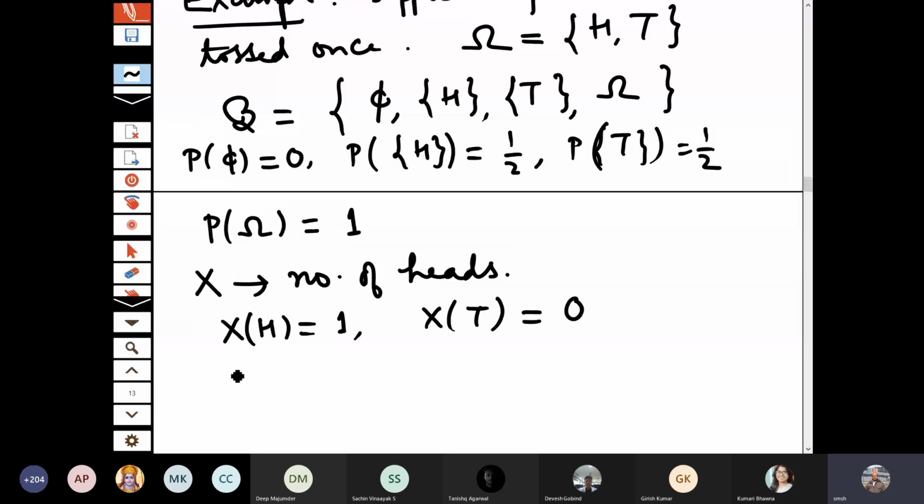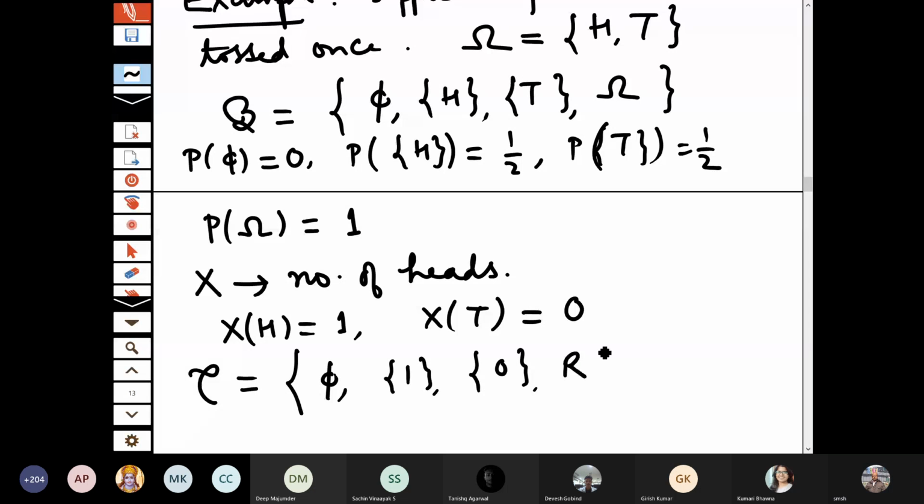So then what is C that will happen? Corresponding to everything, what is the corresponding element there? H is going to 1, T is going to 0, and phi remains phi, and omega becomes R, the full space.